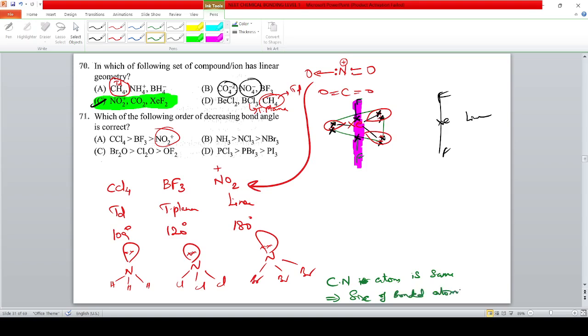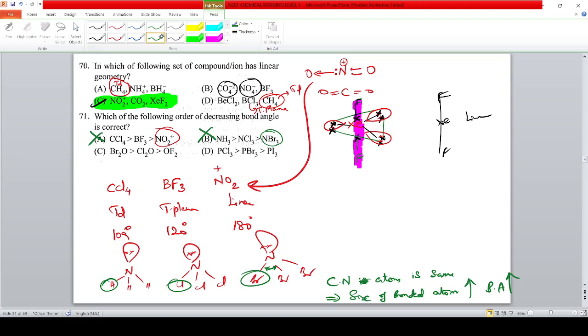If the size of the bonded atom is greater, bond angle is also greater. So, among hydrogen, chlorine and bromine, who is bigger in size? Bromine is bigger in size. So, this bond angle will be very, very greater. But it is given wrongly. So, this is not your answer. So, A is not your answer. B is not your answer.